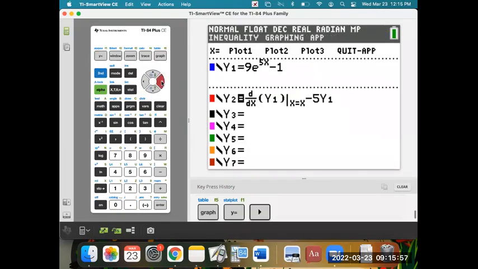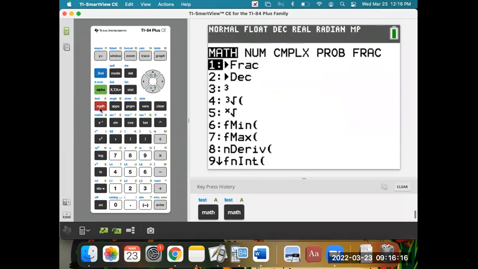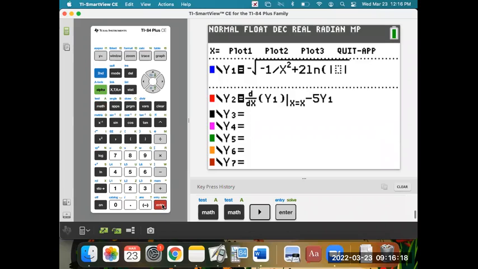So I'm going to just go ahead and type the equation in for the particular solution into y1. Negative square root of -1 over x squared instead of t plus 2 ln, let's do absolute value, of x and then plus 26 after the parentheses.